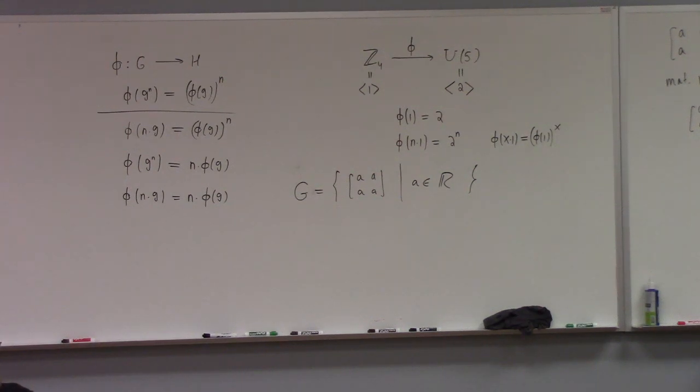We need A equals 2ax, which is to say that x is equal to 1/2. So E, in fact, the identity here is 1/2, 1/2, 1/2, 1/2.